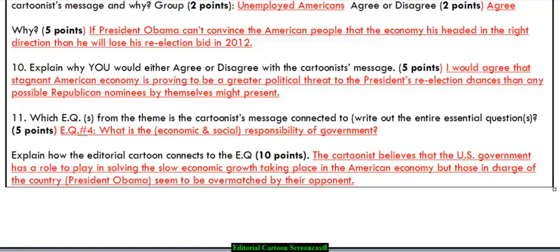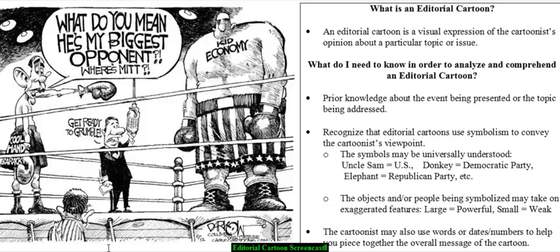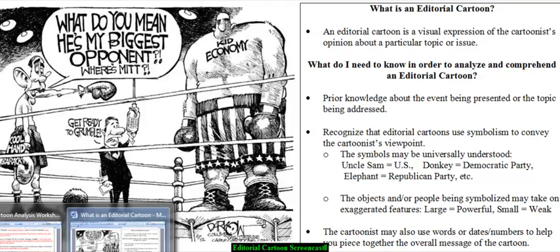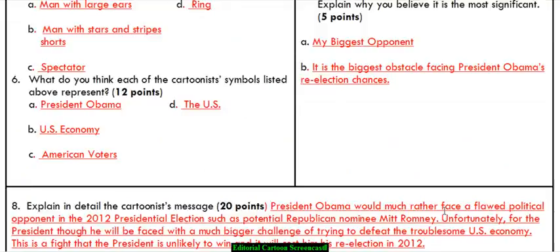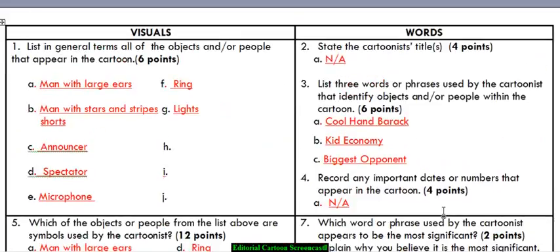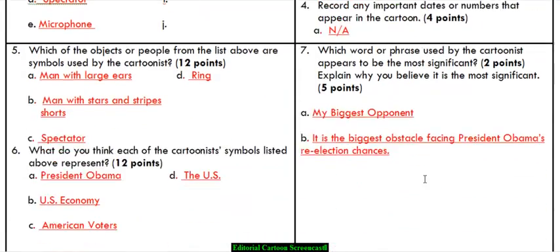In review, we have accomplished a number of things today. We have gone through and looked at what an editorial cartoon is, what you need to do to analyze and comprehend an editorial cartoon. We've taken a look at a specific editorial cartoon. We've used that information then to apply it to our step-by-step editorial cartoon worksheets, both the visual and word columns 1 through 7.